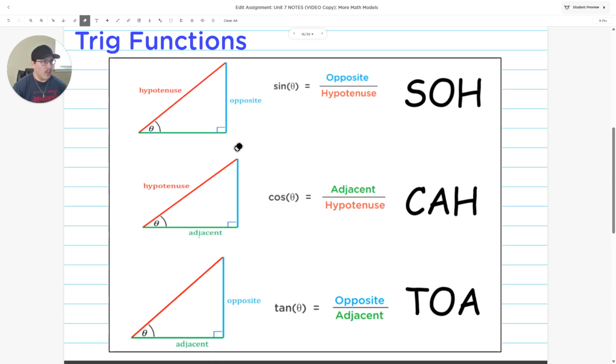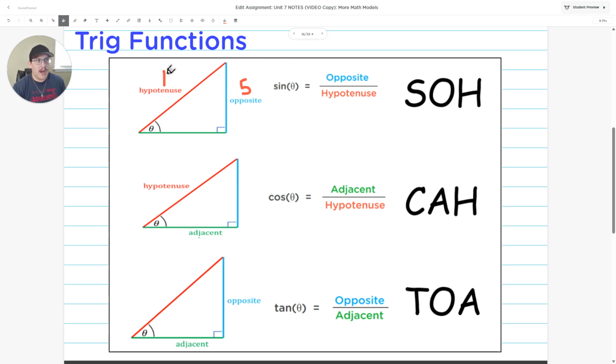Now that we've gotten somewhat familiar with the makeup of a triangle, let's start talking about the trigonometric ratios. The three that we're going to be looking at are sine, cosine, and tangent. Now the ratio for sine is using the opposite and the hypotenuse and turning it into a fraction. So for example, let's say the opposite side has a measurement of 5 inches.